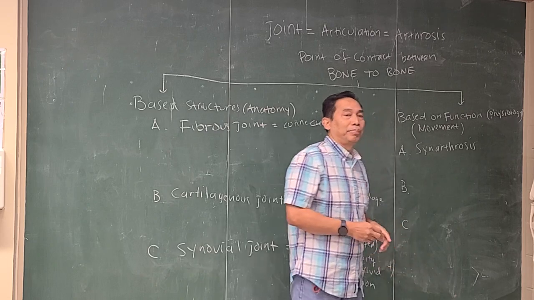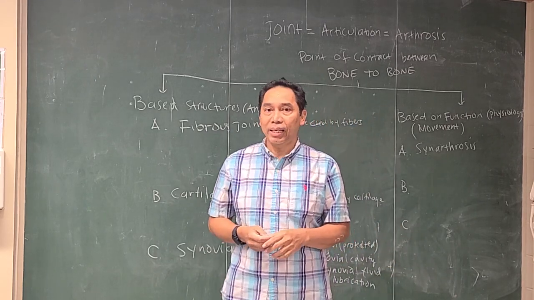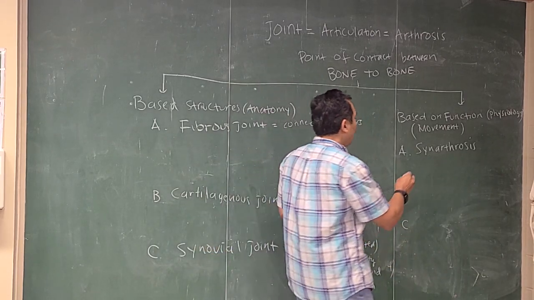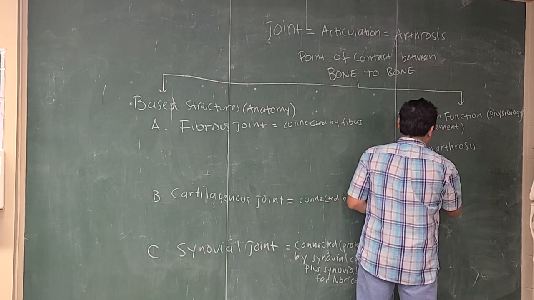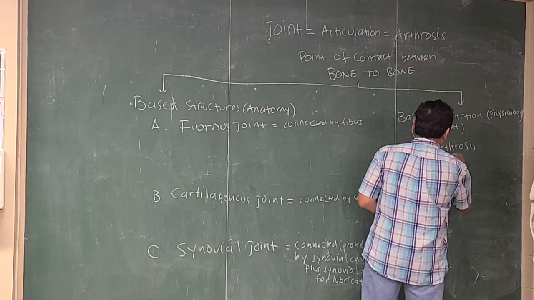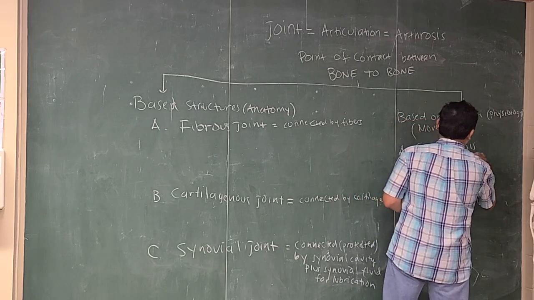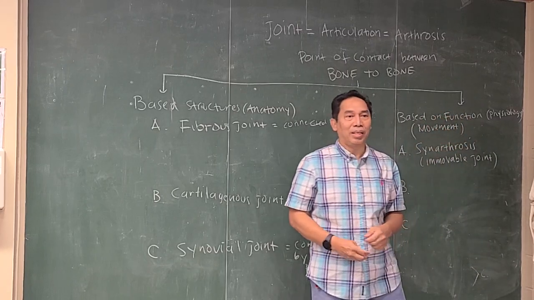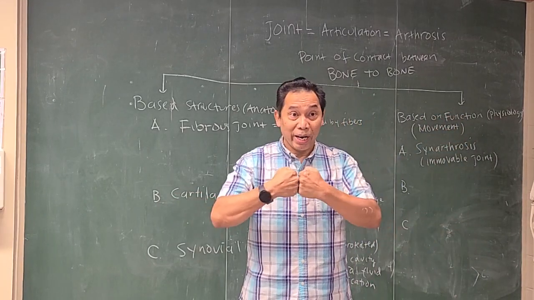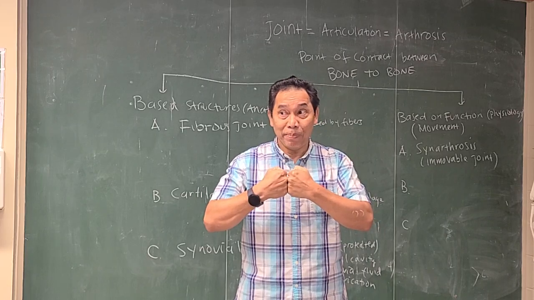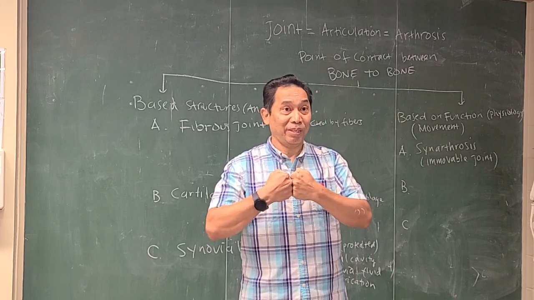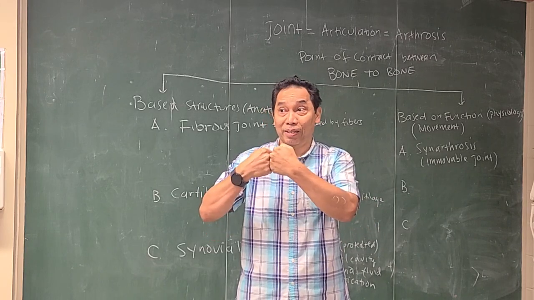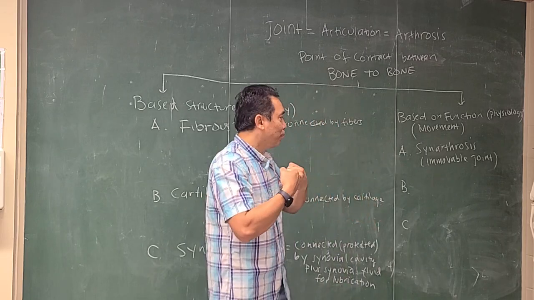Synarthrosis means immovable joint. What does immovable mean? Cannot move. It's a joint with the fiber, but there's no movement. That bone just stays there. It's connected, but no movement.